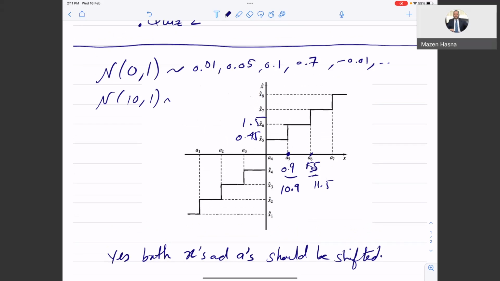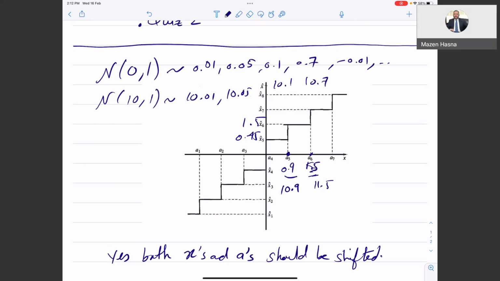But if you do it here, it will be 10.01, 10.05, roughly 10.1, 10.7. It will be clustered around 10.